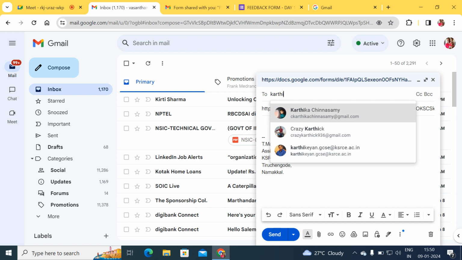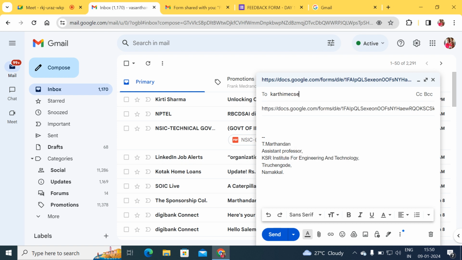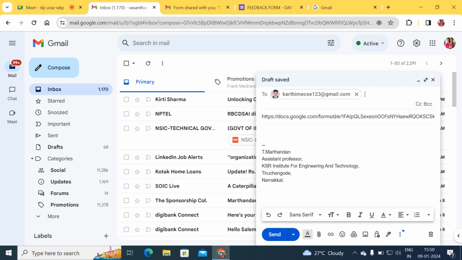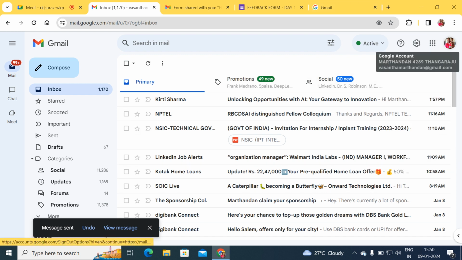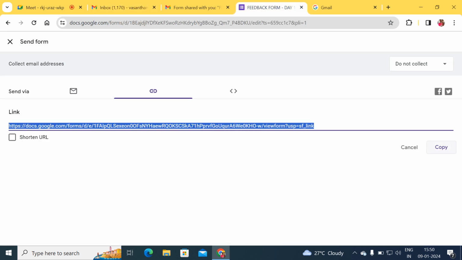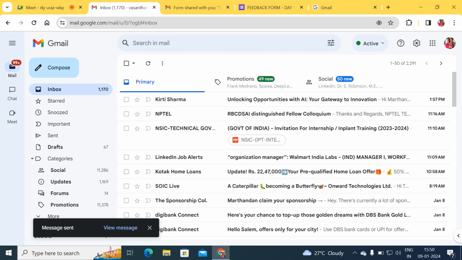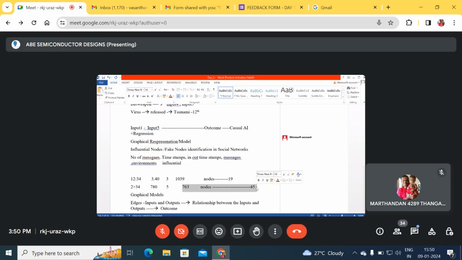If these nodes are connected with 45 nodes, then he is considered to be the most influential node. So the inputs and the edges are utilized to connect with each other. The relationship is derived based on how many nodes are connected in a particular time. That is the in and out edges, which decide the outcome. So all these features, based on the in and out edges of your nodes, decide who is the influential one. This is the basic logic for understanding your causal AI.